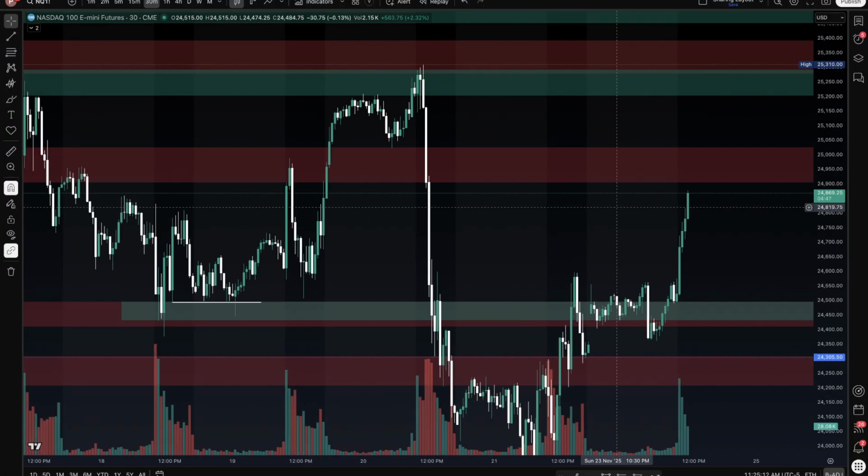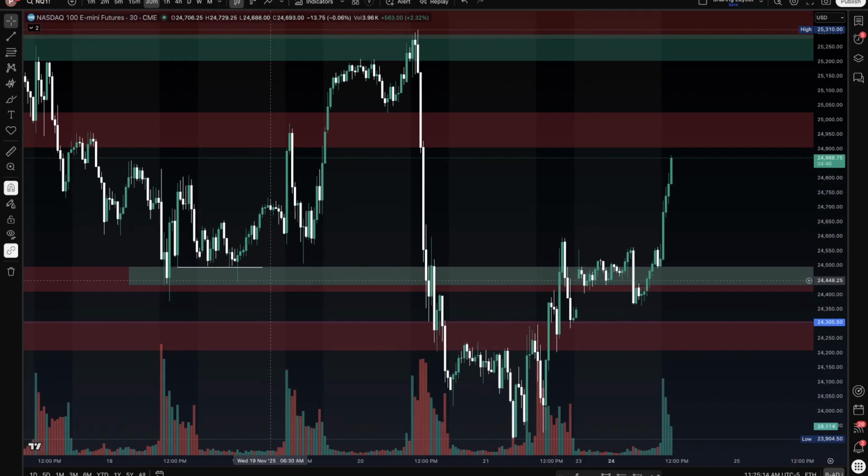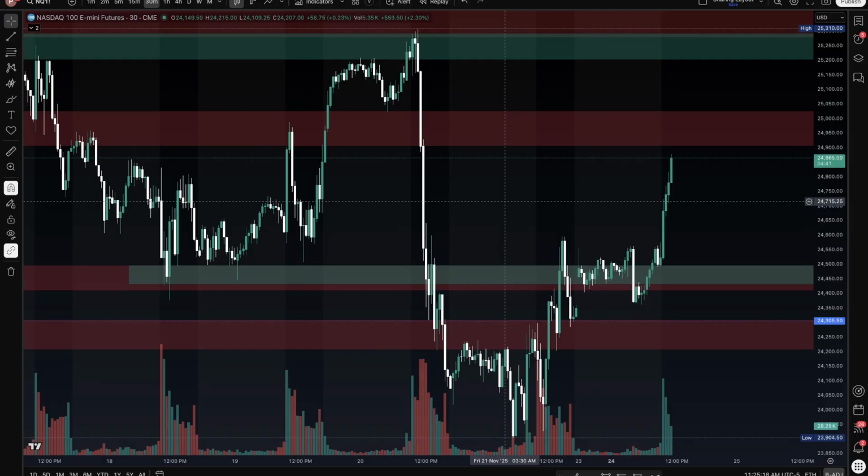So supply and demand is a really simple way to find key areas in the market where you're able to capture big moves while minimizing risk, but also allowing yourself to have a lot of free time in a sense, right? I can set an alert right here.